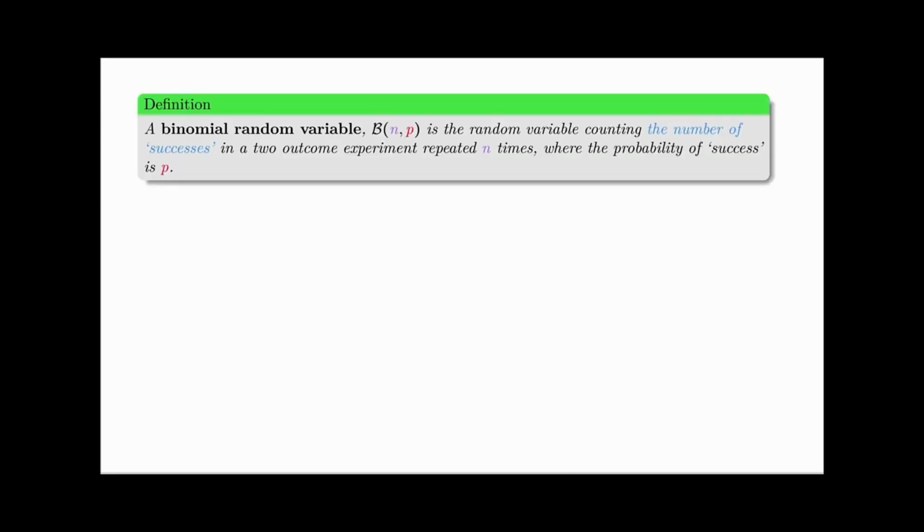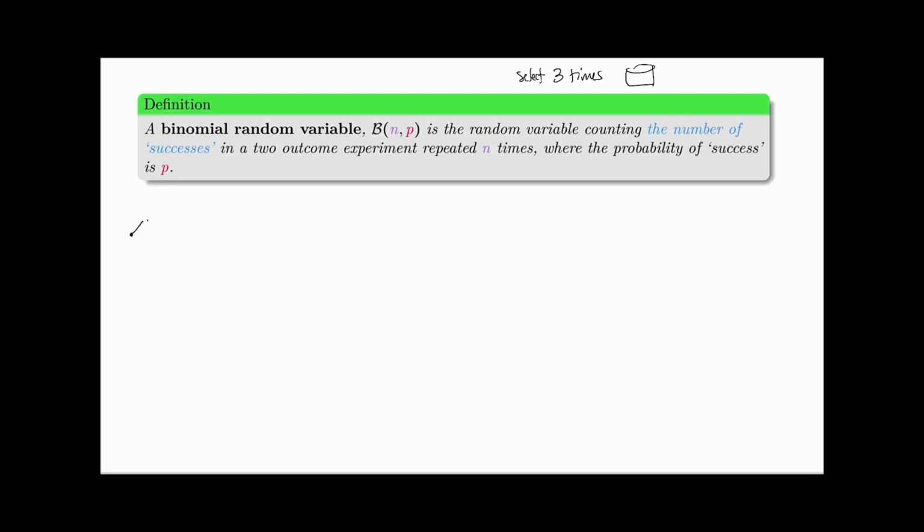So don't read the definition yet. I'm just going to give you an example. Say that you have a bucket with red and blue balls, and you have the probability of having red. You're doing a repeated trial, an experiment where you select a ball from the bucket 3 times.